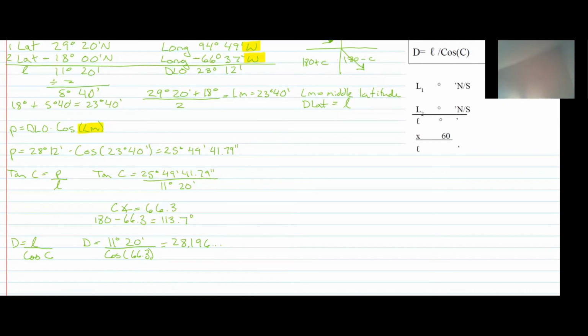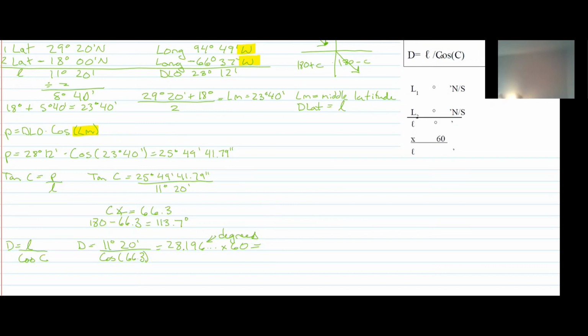So in order to get this degrees into minutes, we need to multiply it by 60, which equals 1,692.4 nautical miles. And finally, now at the end, you can round, and this is your final distance that you would have traveled.